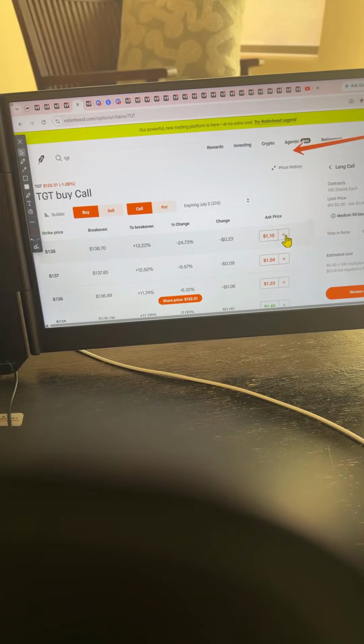The 138 for $1.10. Let me see. I think I can see the mid now. I could have sworn they showed you on this.